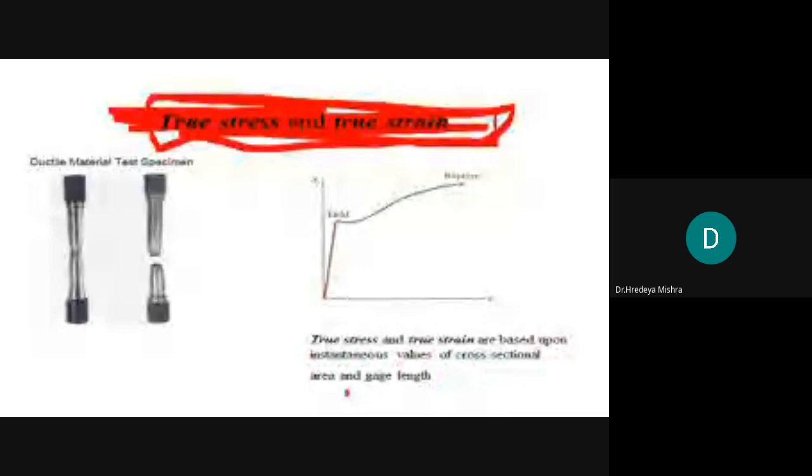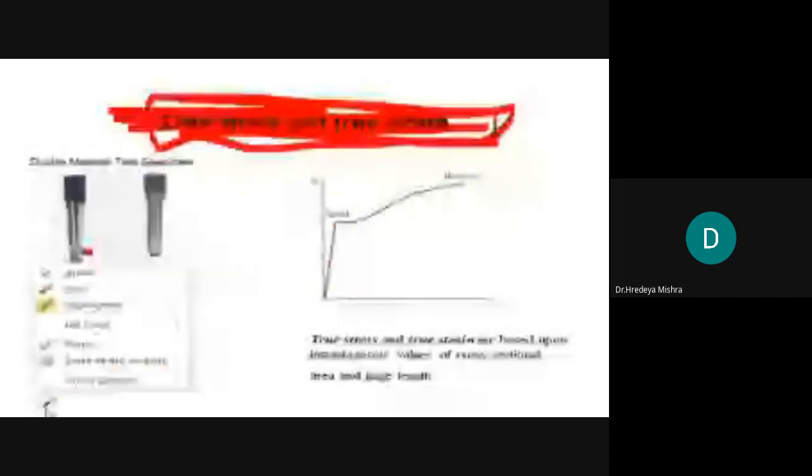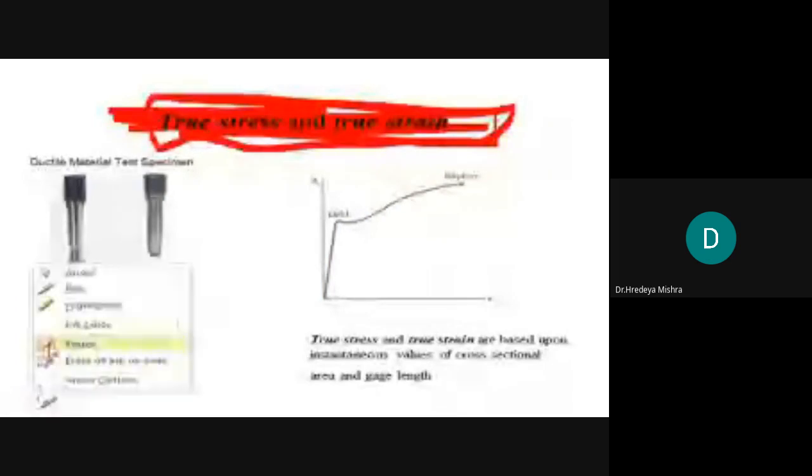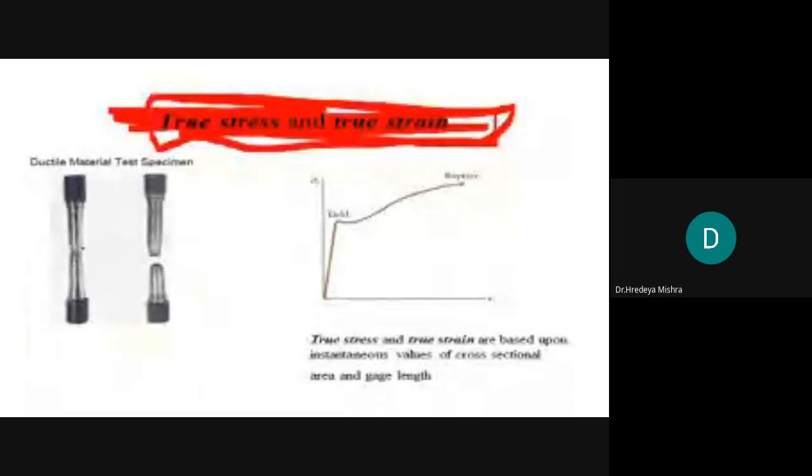What is the gauge length? See here, necking is occurring here. You start here, and at that point fracture will occur. At that same point, fracture will occur.